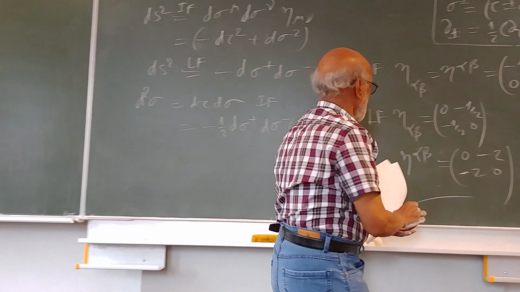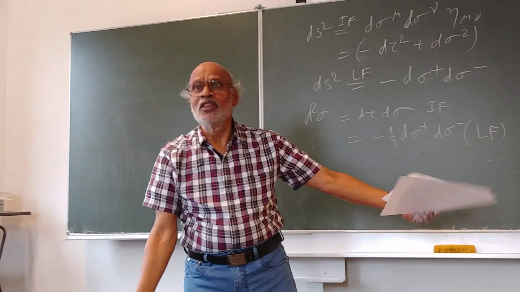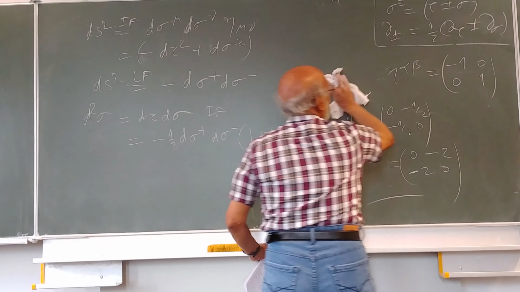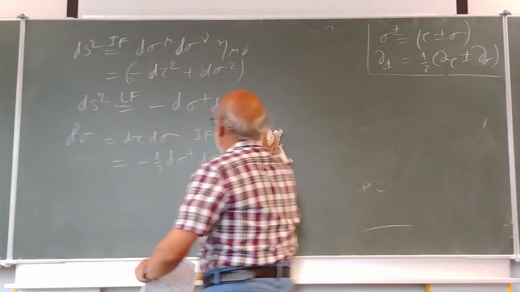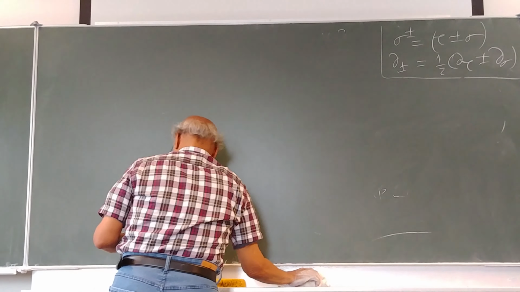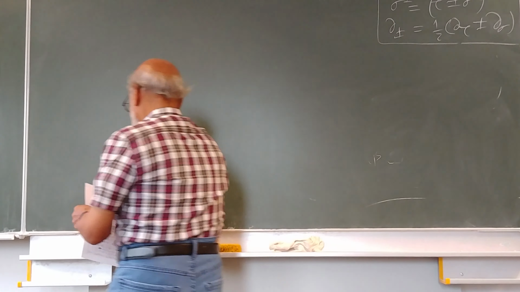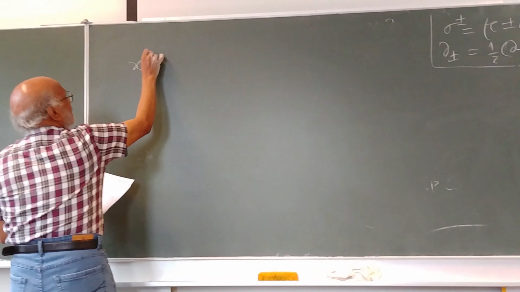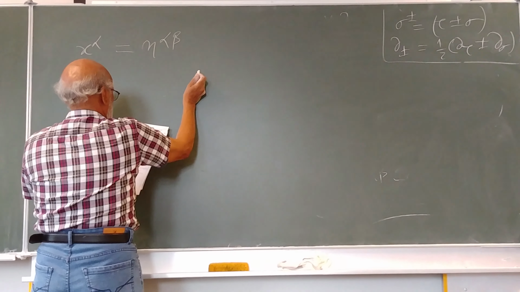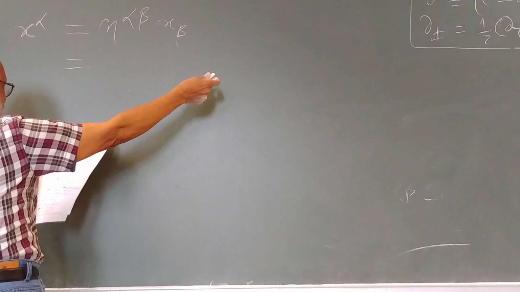Let's stick to this because most of the literature is using this, a little more conventional thing. But let me tell you the difference when you take, for example, some arbitrary x alpha, eta alpha beta, x beta.